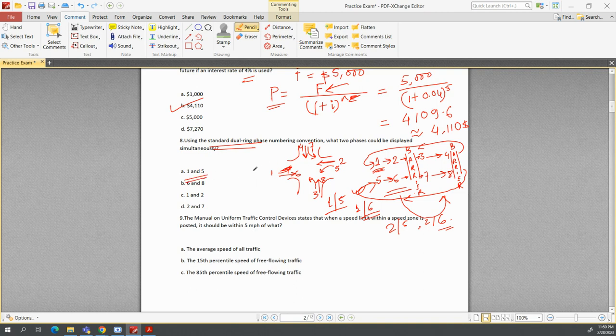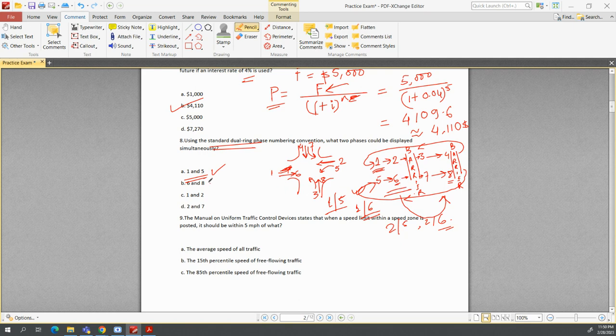So 1 and 5 can occur together: 1 from this ring and 5 from the other ring. Yes, 1 and 5 can be together. This is fine. I think this should be the answer, but let's see the other ones. 6 and 8: 6 is in this ring, and you have to cross the barrier, and 8 cannot be from here. So 6 has to go with 1 or 2.